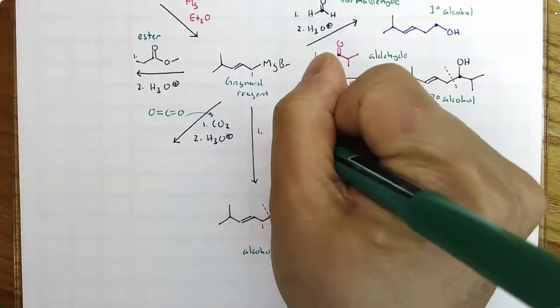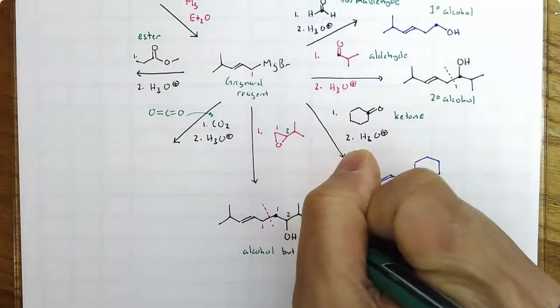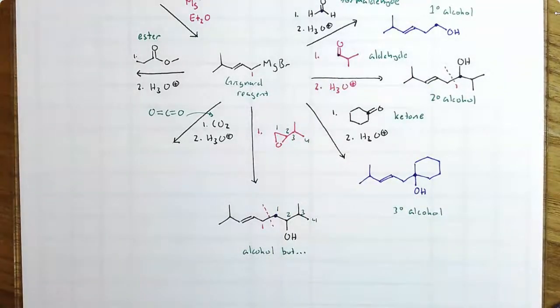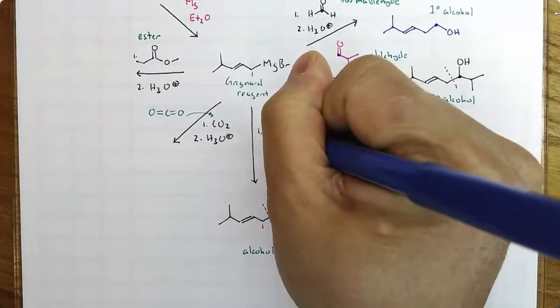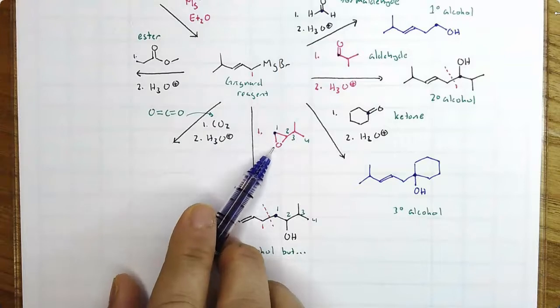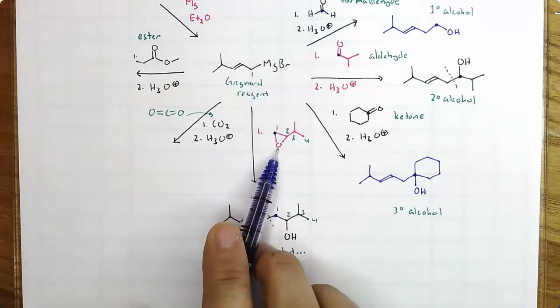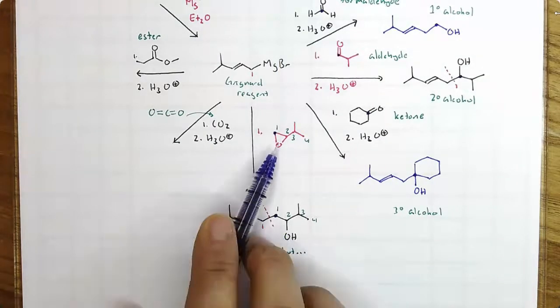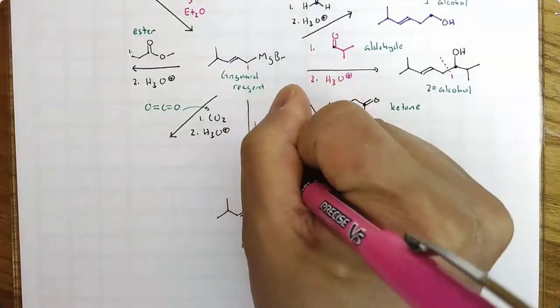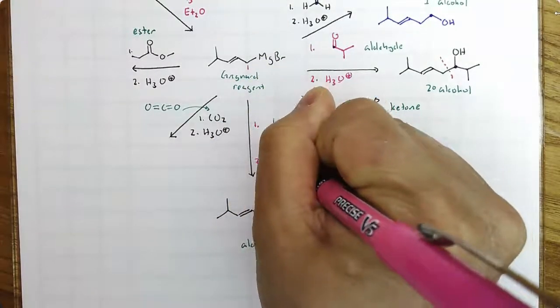That's this one here. 2, 3, 4. Okay, so there was an attack on this carbon, the less substituted carbon of the epoxide, and it broke this leg. And that's why the oxygen is still attached to carbon number 2, but not attached to carbon number 1. And again, we have to protonate.